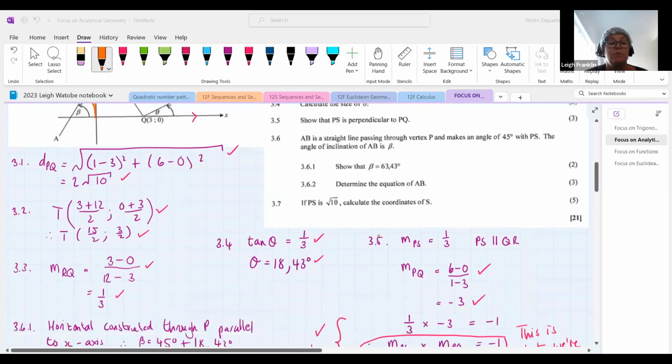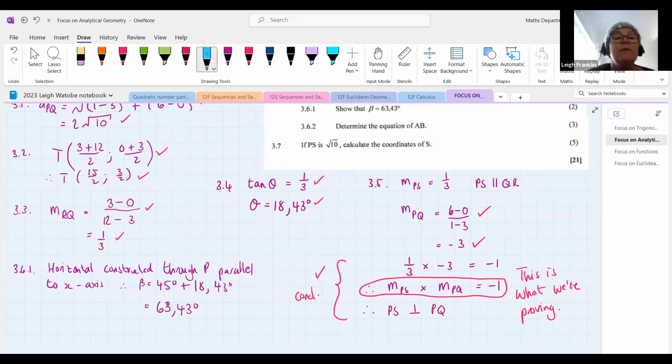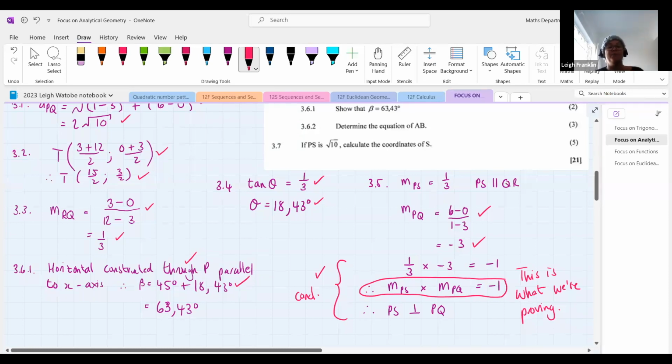So I've written that. What would be important here is that we've said we've constructed this line through P and that we've shown that it comes from adding 45 and 18.43 together. As I say, a bit of an unusual question, but there we go.